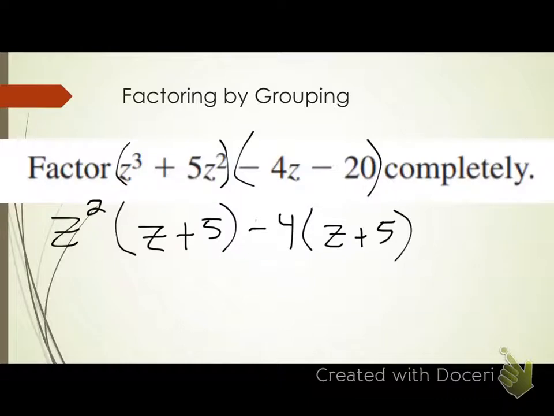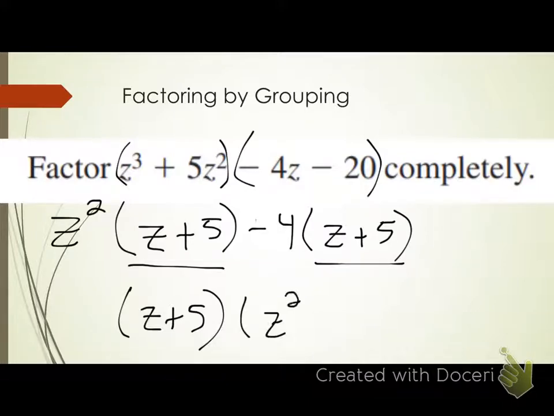I do. So the thing that matches, that's one of my factors. Can anyone tell me my other factor? Z squared minus 4. Very good. It's my two GCFs. They become my other factor. Does everyone see that?